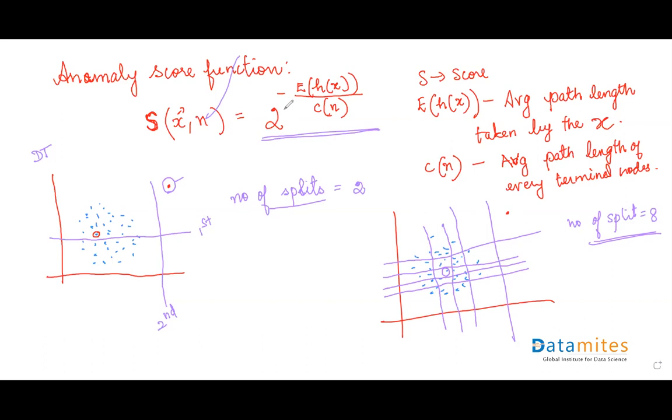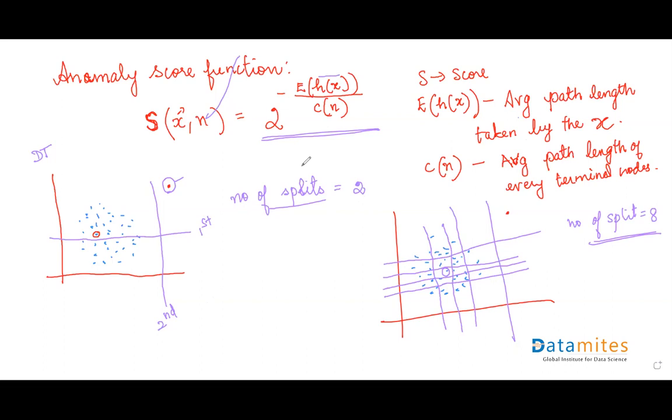Here h of x is the path length taken by this x, and expected h of x will be the average path length taken by x. So how can I get the average path length?